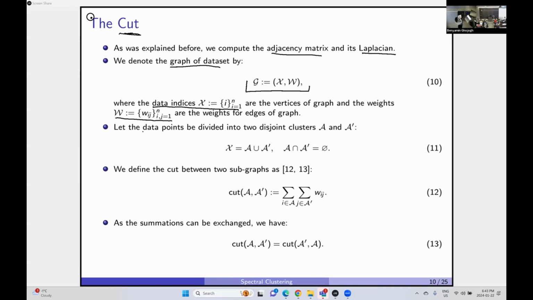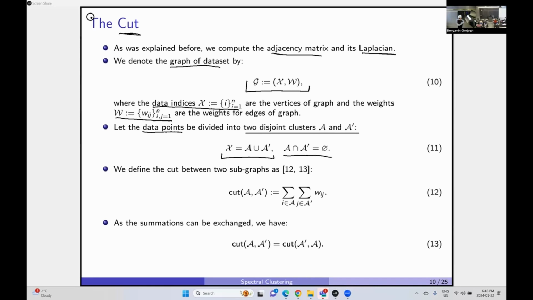Now let the data points be divided into two disjointed clusters, A and A prime. Okay? So assume my data is a union of A and A prime, where A and A prime don't have any overlap.